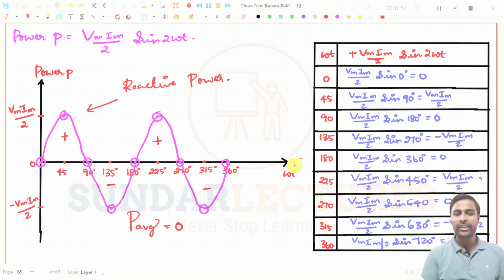Then there is no real power. There is no real power in the pure capacitive circuit. Very simple, right? You can easily understand these things. So this is the real power, reactive power. Only the reactive power we are getting in the purely capacitive circuit.